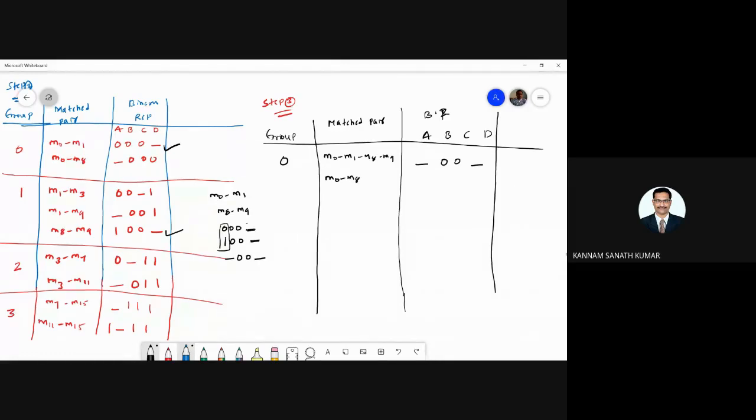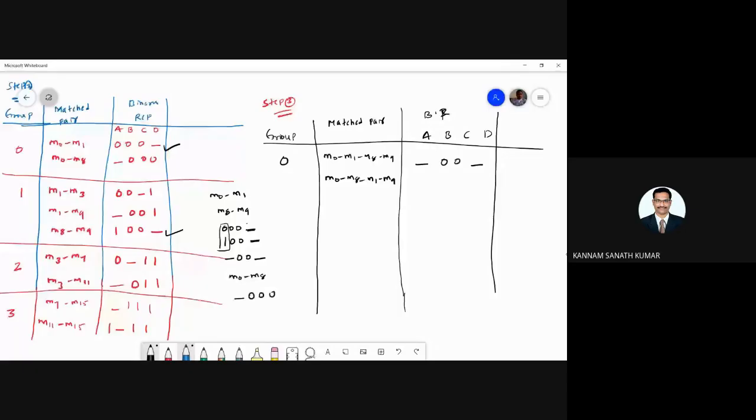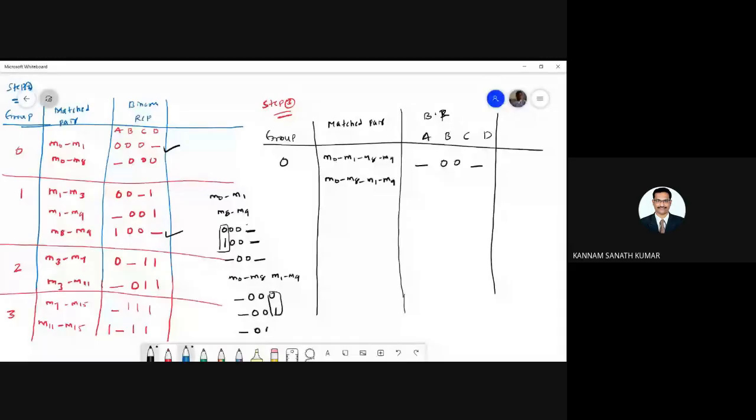And M1, M9: what is M1 and M9? -001. This differs by one position, so you can write -00-. So that means -00-.